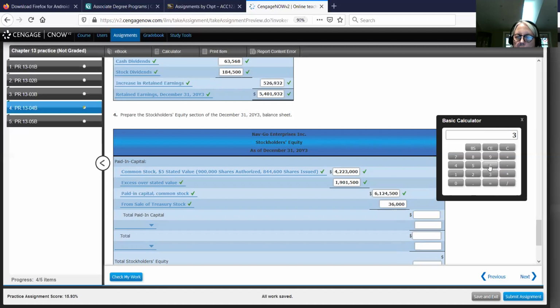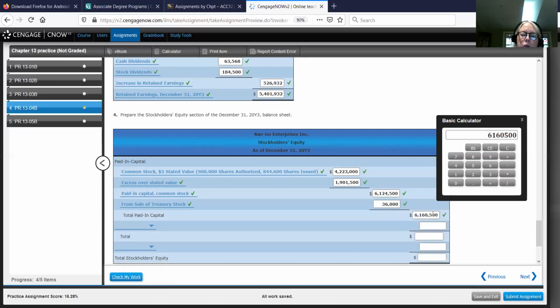So 36,000 would be added to the 6,124,500. That would give us 6,160,500. And it's a good idea to check to make sure your math is correct at this point in time. So that's your total paid-in capital.